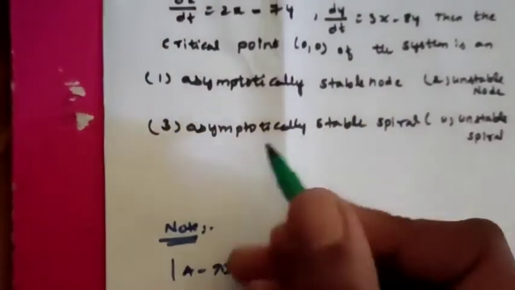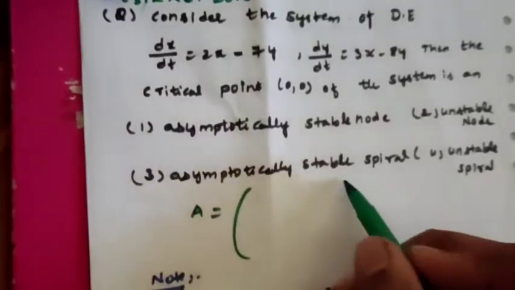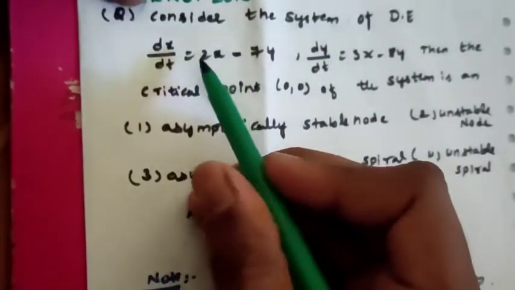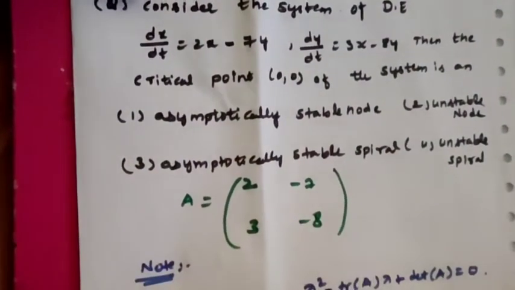Now we have to write down the matrix. A is equal to, we write it directly: 2, minus 7, 3, minus 8. This is the matrix we get.